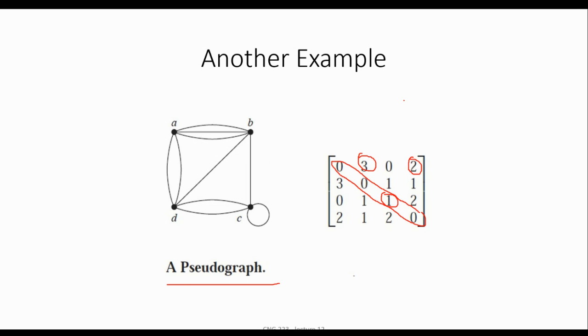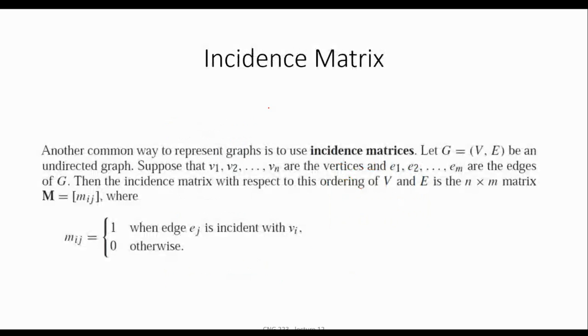It has more than one edge between two specific vertices, like A and B. You see, there are 3 edges between them. This is still symmetric. Why is that? Because this is an undirected graph.